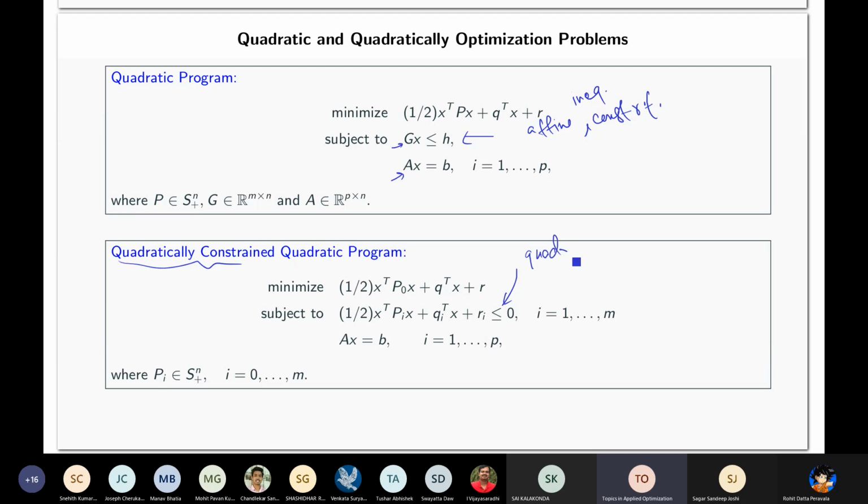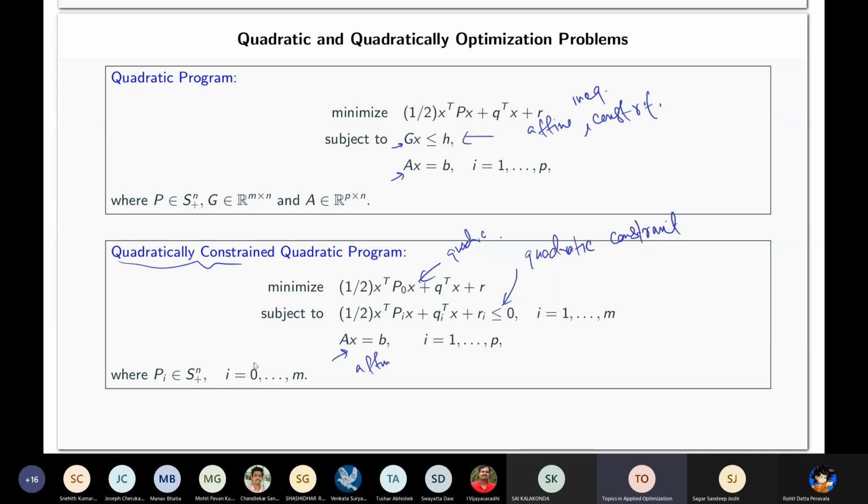So this is a quadratic constraint. Other things remain the same. This is still the affine constraint, and this is still the quadratic. So this is called a quadratically constrained quadratic program. This is the template of the quadratically constrained quadratic program.